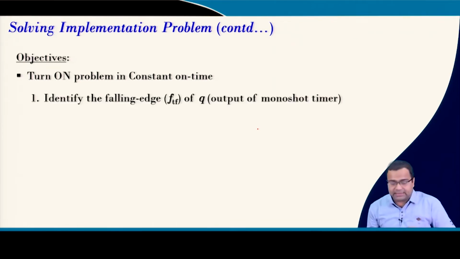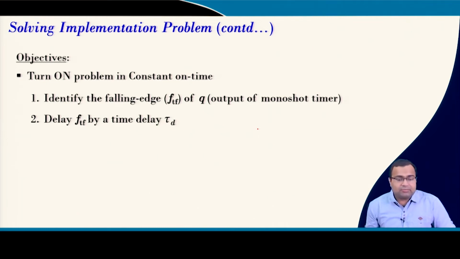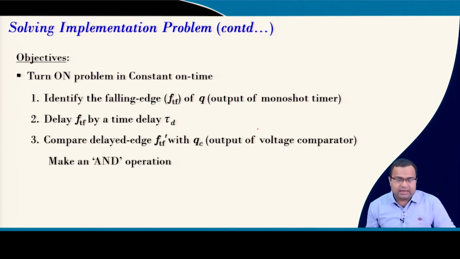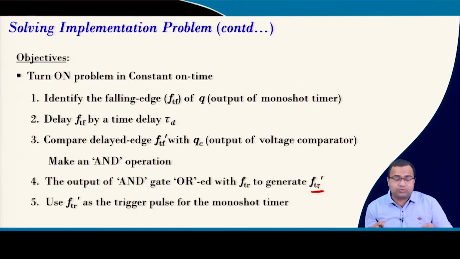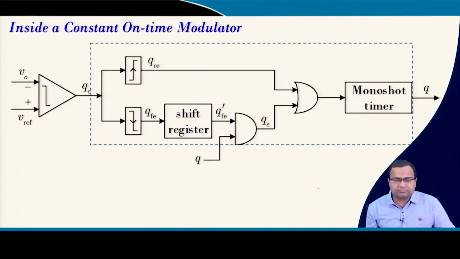So, the turn on problem in constant on time, we need to identify the falling edge of the gate signal, then we need to delay, and then we need to AND with the output of the comparator, and the output of the AND gate is ORed with the original rising edge of the trigger pulse, and then the resultant output of the OR gate, that is the resultant trigger pulse, is used to trigger the monoshot timer.